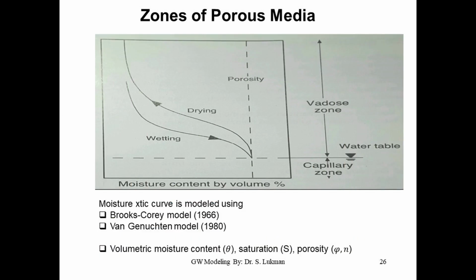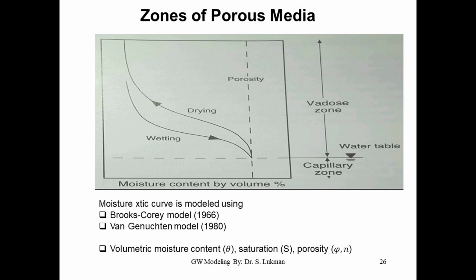Still on the zones of porous media, we are still analyzing from the unsaturated zone to the capillary fringe and then to the water table or the saturated zone. Here we are talking about the vadose zone, the capillary zone. This is the water table. This is the variation of the moisture content against height in the vadose zone. This is 100.